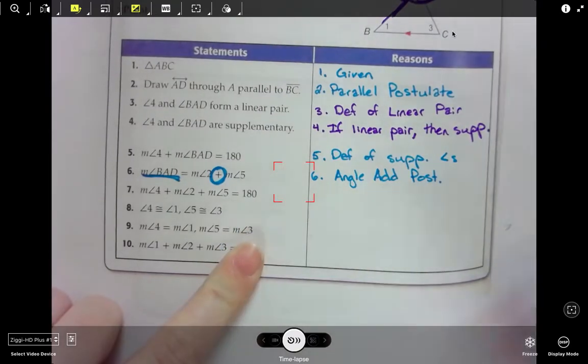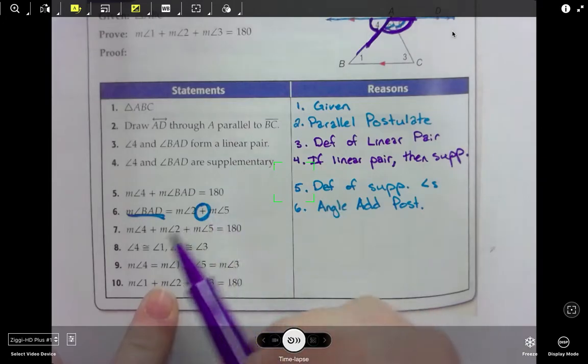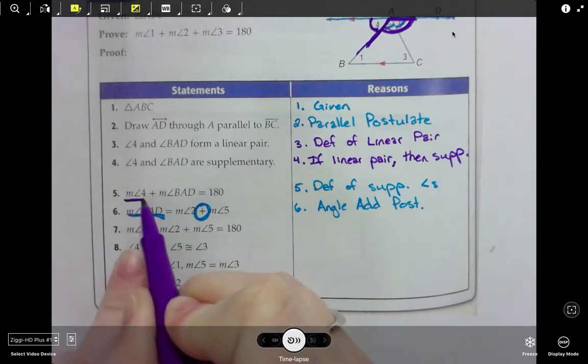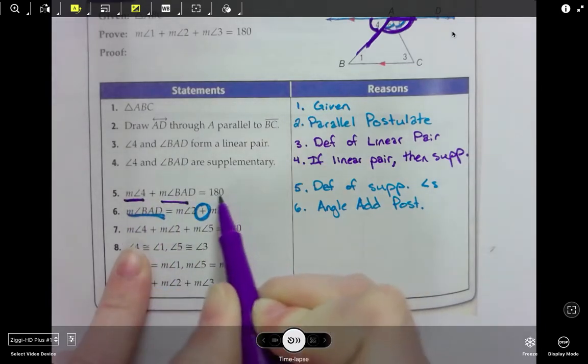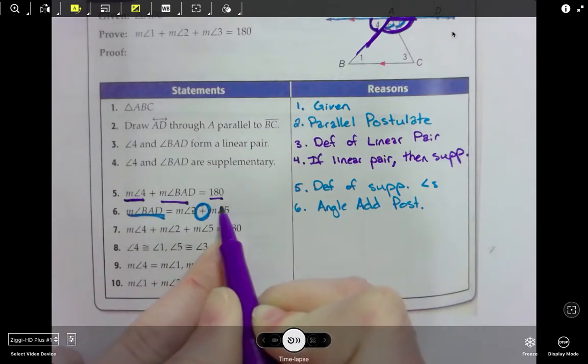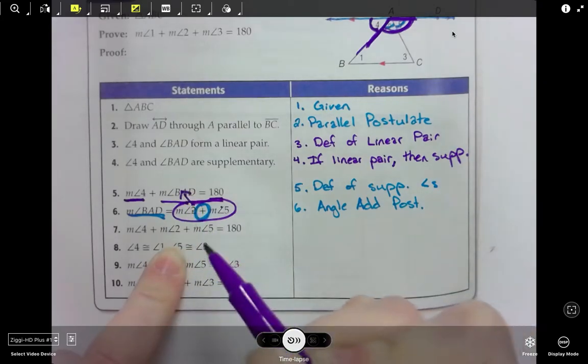All right. Okay, going back to the purple color, so we kind of have a little pattern going on here. It says that, well, okay, if I had up here that angle 4 plus angle BAD is 180, but then we say that BAD was 2 plus 5, we can put this 2 plus 5 in here for BAD.